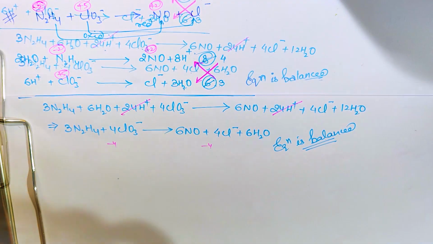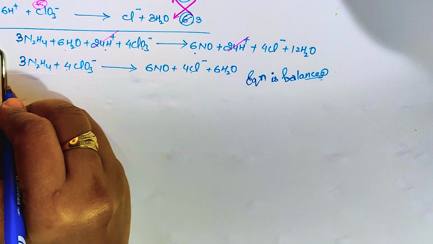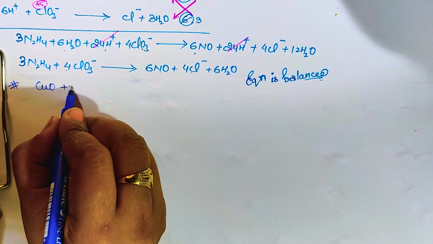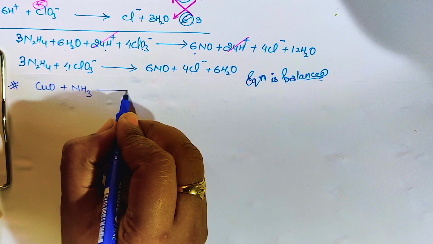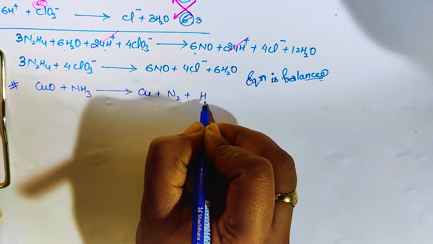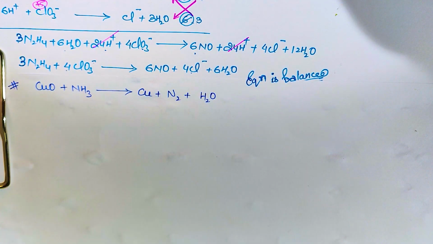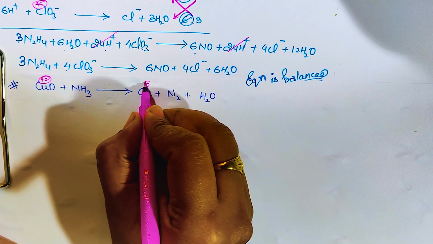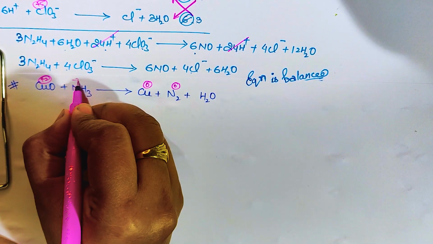Got it? Okay, so now move to the next question, and the next question I am writing here: CuO plus NH3 changes into Cu plus N2 plus water. Okay, so that also we will do in the short way, the quick way. So the first step that we have to follow is the oxidation number. It is +2 and there is 0, this is 0 and here it is -3.